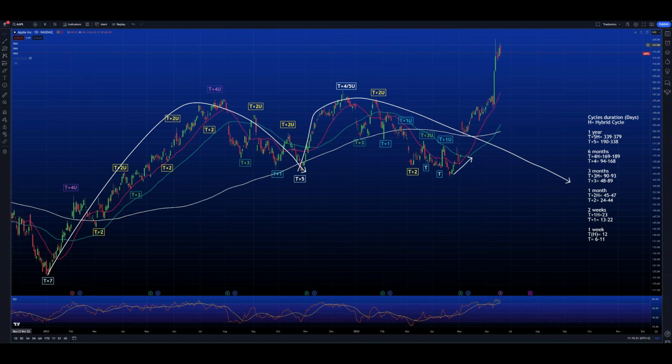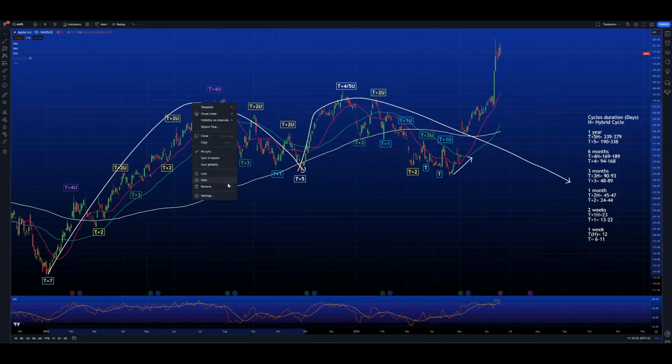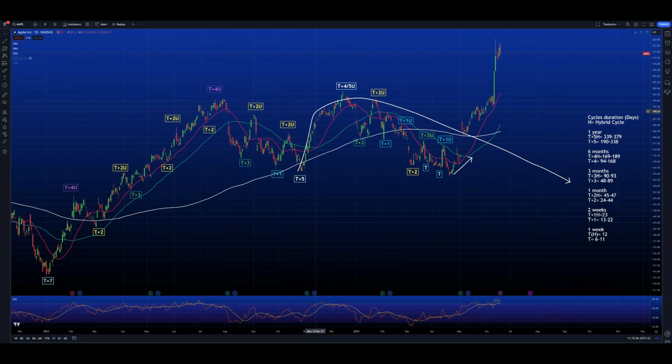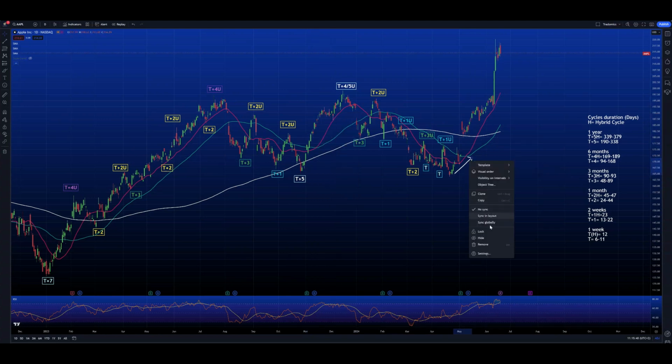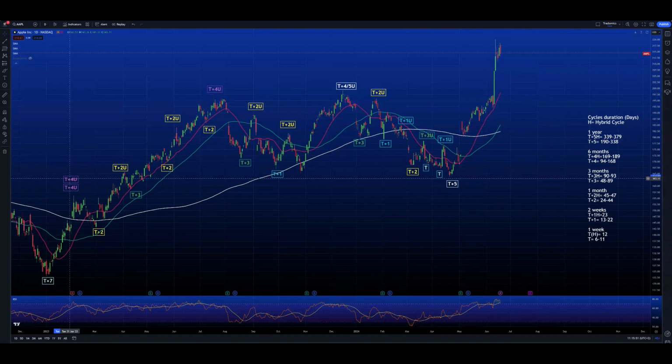So now let's update the chart. So let's remove all the arrows and let's update it. So from this low, it didn't start a T+5, but a T+4 downward cycle.